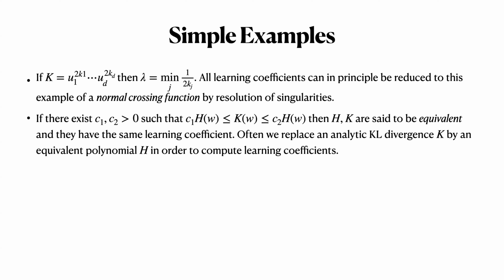In general, if you have such bounds, then you have the same learning coefficient, same RLCT for H and K. So given the analytic function K and a polynomial H, you compute the RLCT of H. You do that by resolution, which is algorithmic, it works for any analytic function, but it's something you can actually carry out in practice if you are very, very patient for a polynomial.